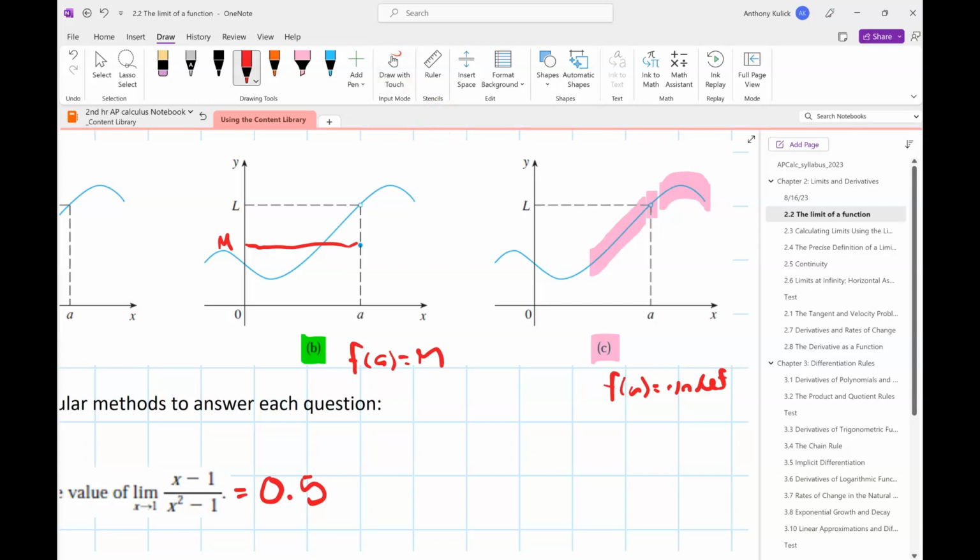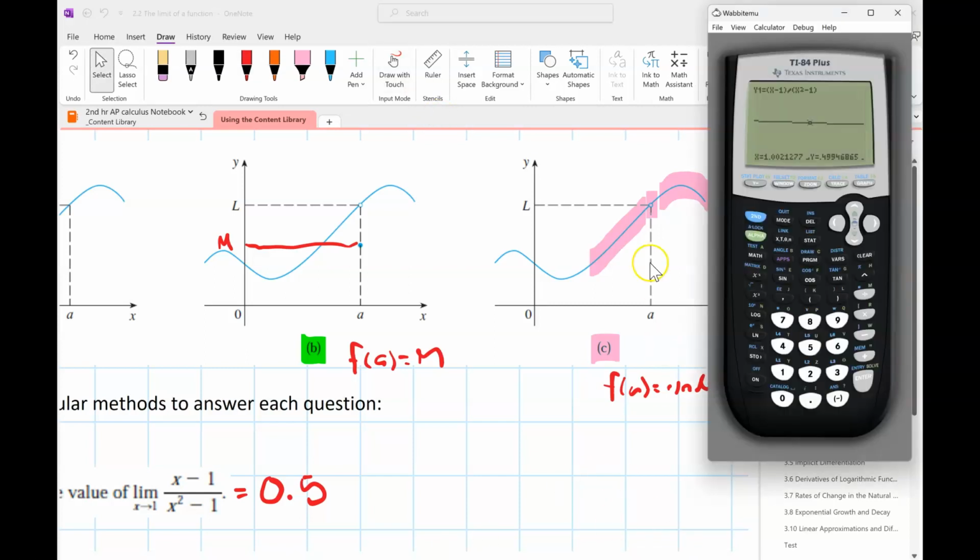Yep. So let's say we want to do this as a table instead, right? I would have started the same way. I would have typed this function into my calculator, into the y equals menu.